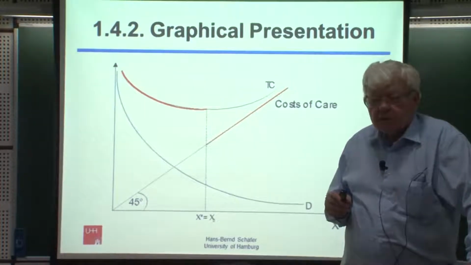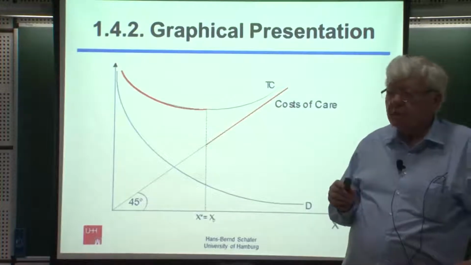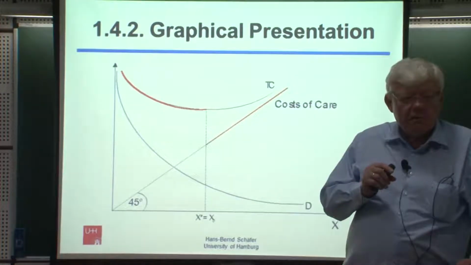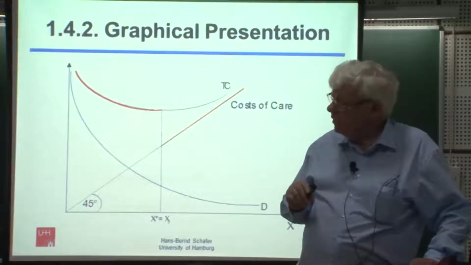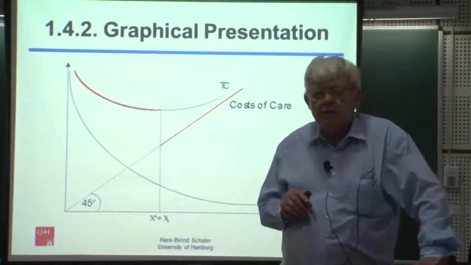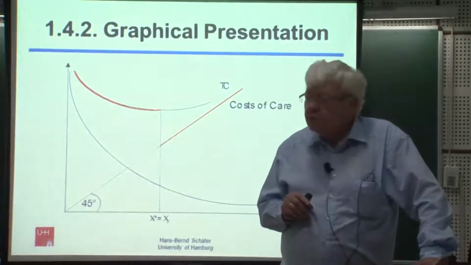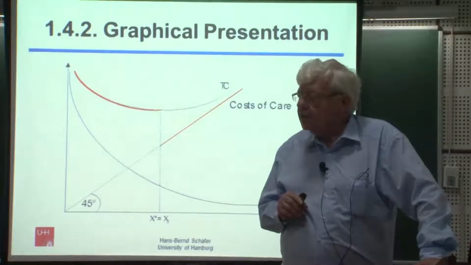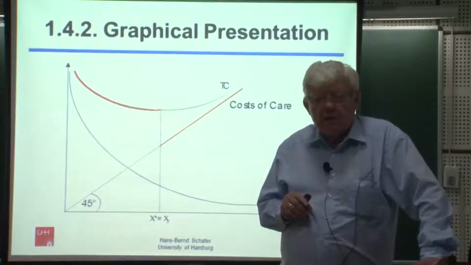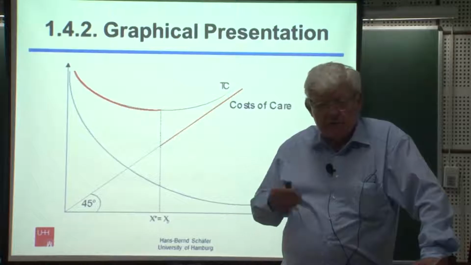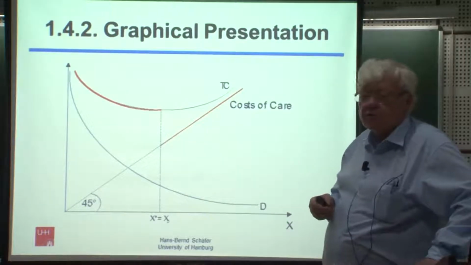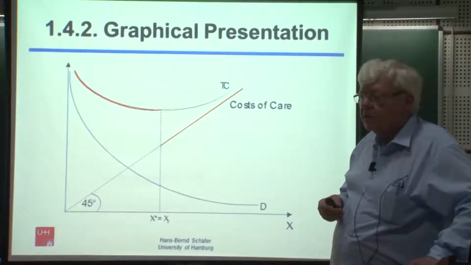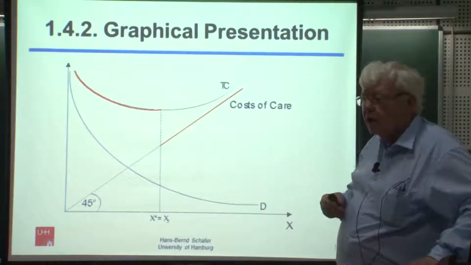Negligence means the following. Negligence means that the court, usually the Supreme Court, fixes a level of care which it calls the due level of care, and then asks whether a particular tortfeasor, when they have a tort case, has reached the due level of care or a higher level.